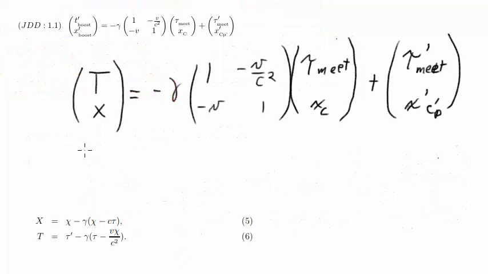So let's write those out as independent equations. X equals negative gamma times negative v tau meet plus x sub c, plus tau meet prime.